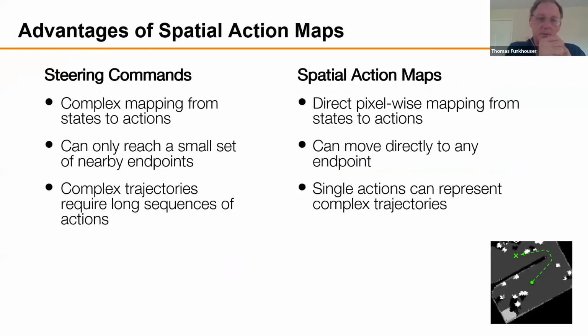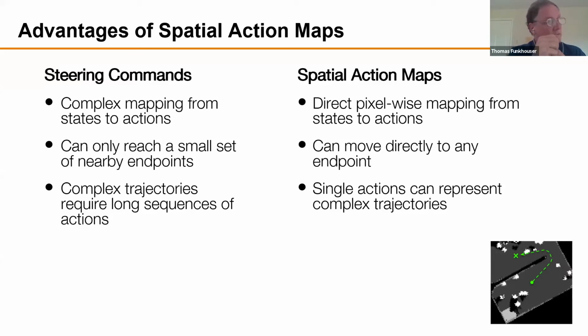Okay, and just to make that more concrete, if we compare spatial action maps versus steering commands for, say, a navigation application, again, I'm repeating myself, there's a complex mapping from states to steering commands, whereas for spatial action maps, it's a direct pixel-wise mapping from states to actions. For steering commands, another thing is that you can only reach a small set of nearby endpoints with each action.